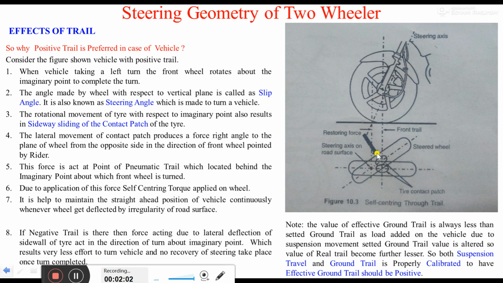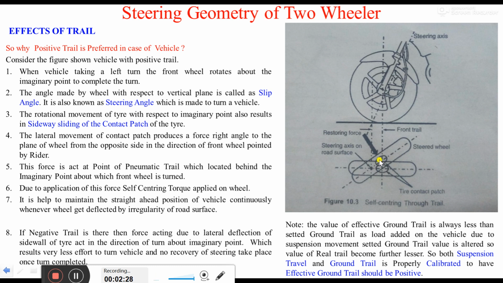So the tire gets shifted sideways. Due to the sideways movement of the tire, one opposite force to this moment acts at the pneumatic trail. Pneumatic trail is the point located above the contact patch and, in this case, behind the imaginary point.